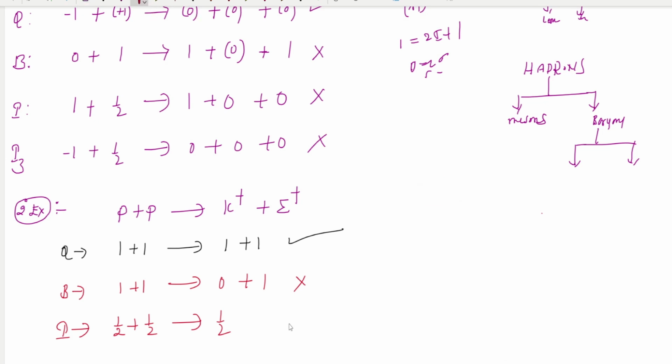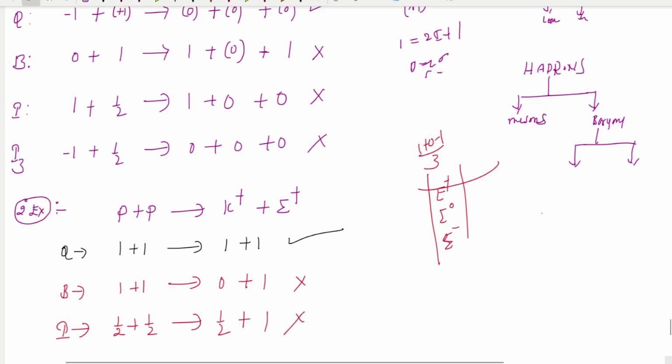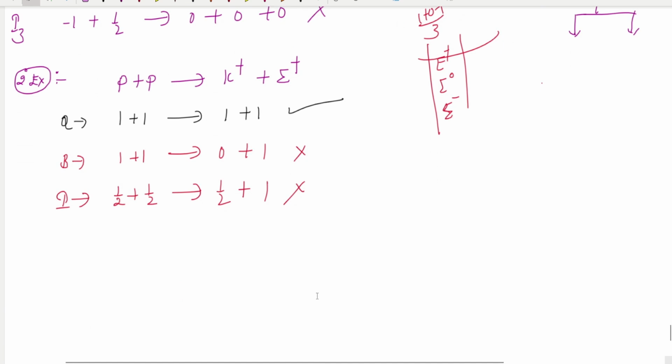Next, sigma: sigma plus, sigma 0, sigma minus form a group of three, with charges 1, 0, minus 1, so isospin is 1. So this is also violating conservation of isospin.